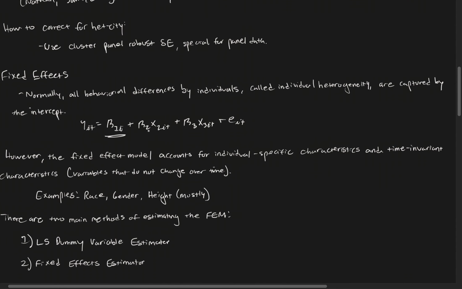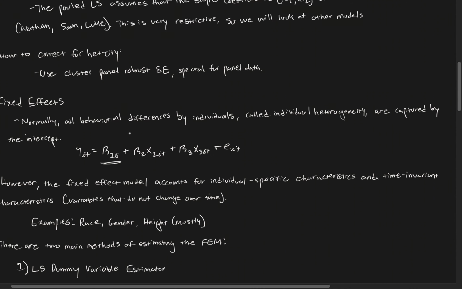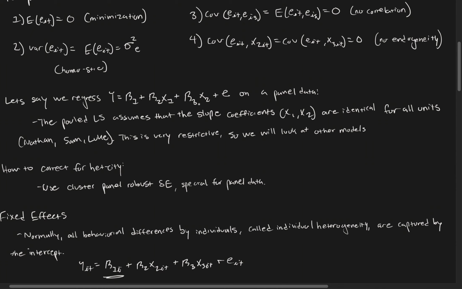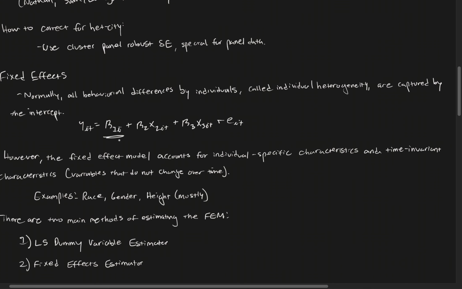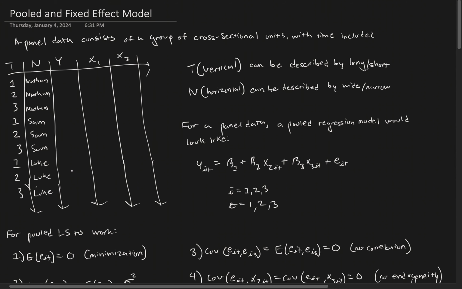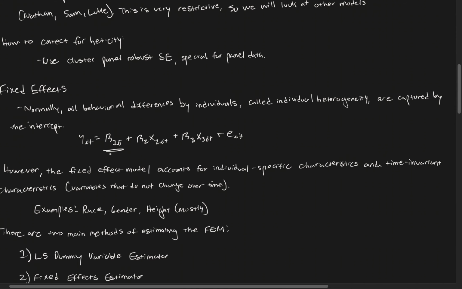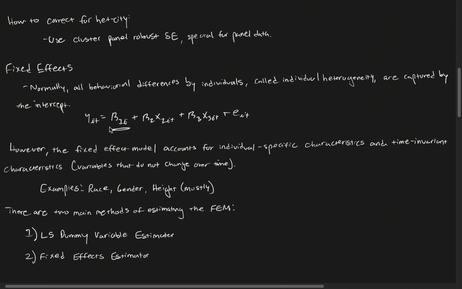Normally in a pooled regression, the coefficients assume that the slopes for the individuals are the same, so the difference captured between individuals is only by the intercept. Not the slope, but only the intercept. So Nathan, Sam, Luke might have different starting points, but we assume they have a similar behavior. That's what a pooled regression does.